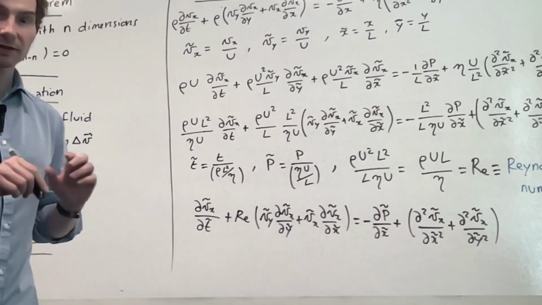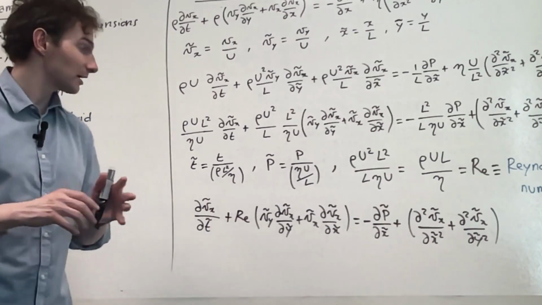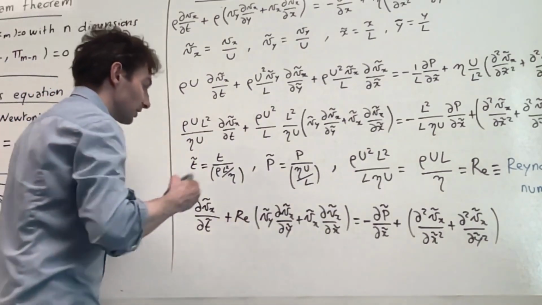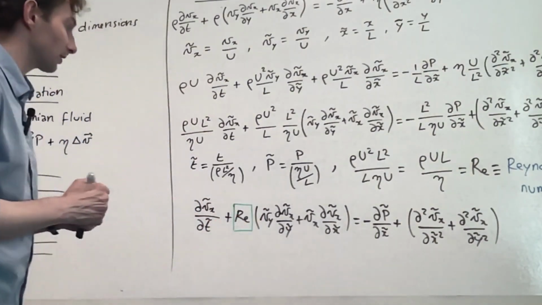But what you see here is that everything, in terms of the physics, is going to be governed by that number here. So this number is going to set everything.